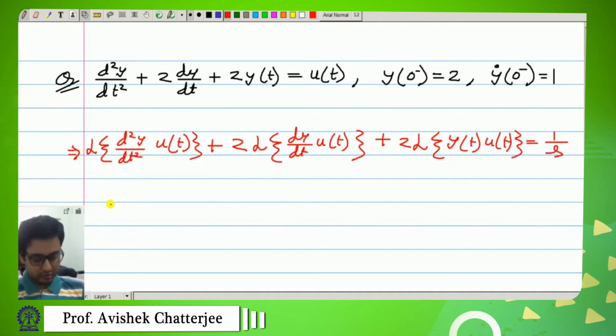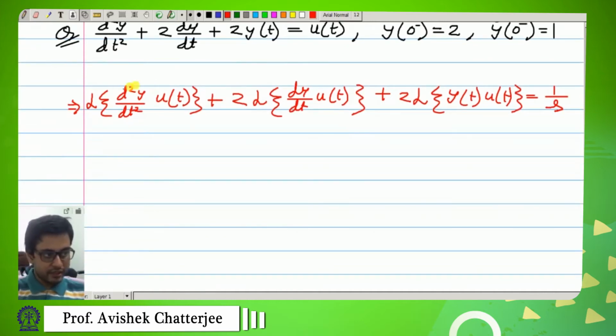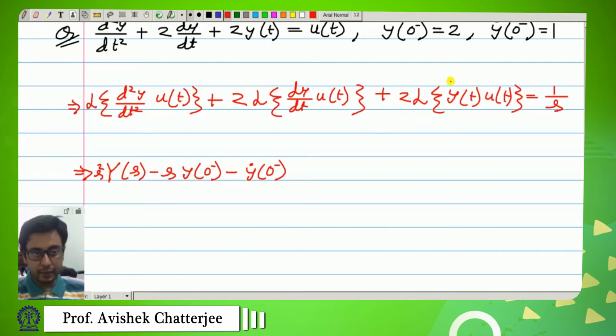Okay, now this is equal to capital Y(s) multiplied with s square minus s y(0) minus y dot 0 minus. Okay, so this is the first Laplace transform, where capital Y is the Laplace transform of y(t) u(t) as before.